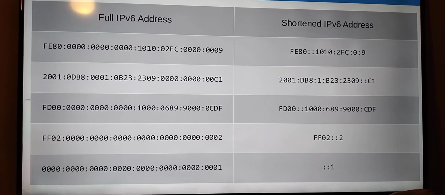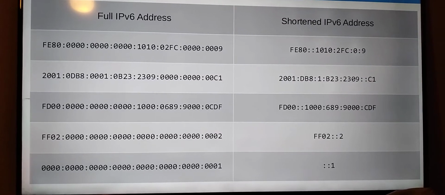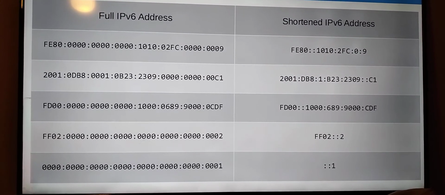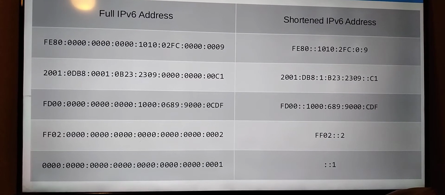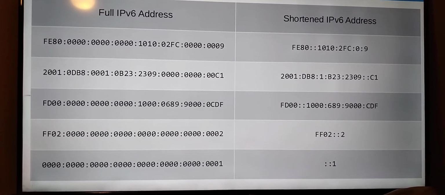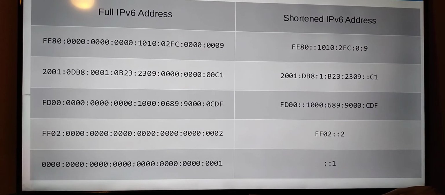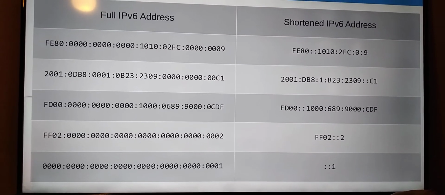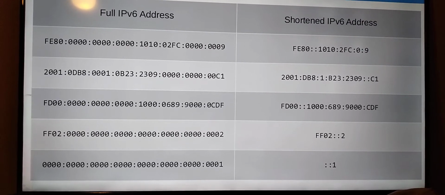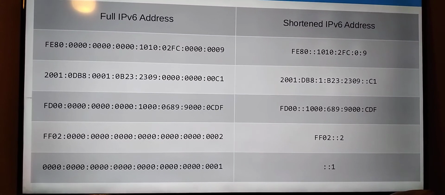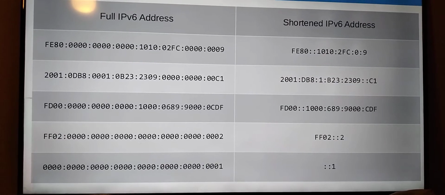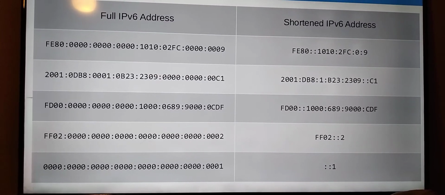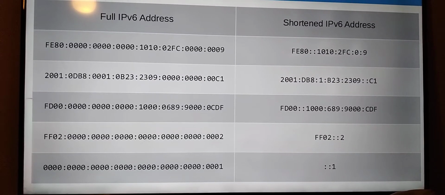Number 2, what if we have a quartet containing all zeros? We can combine all the zeros and replace them with a double colon, as seen on the screen. Also, a double colon tells it that we have 3 quartets containing all zeros.